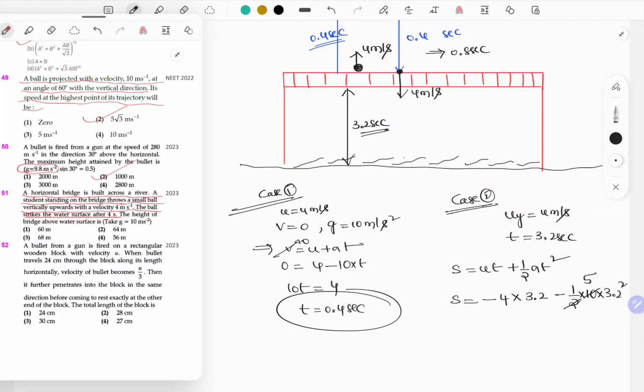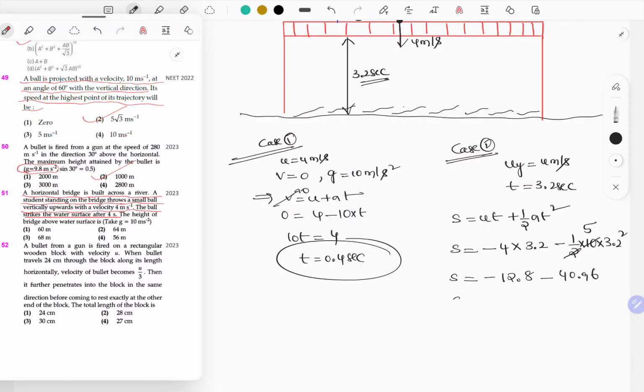So 2 5s, 5. The final answer S is equal to 3.2 into 4, which is minus 12.8, minus 5 into 3.2 square, which is 40.96. If you add these two values, you get the answer approximately 53.76. This minus indicates the object is moving downward.